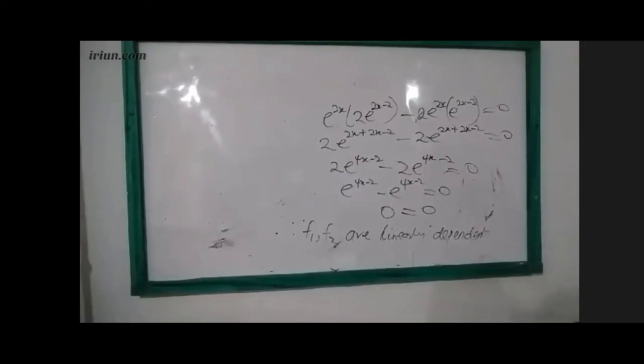That's the condition. Okay, there is also another method or way: when your question involves functions, if you choose not to apply the Wronskian method, you can also look at trying to see if one of the functions can be expressed as a scalar multiple of the other.